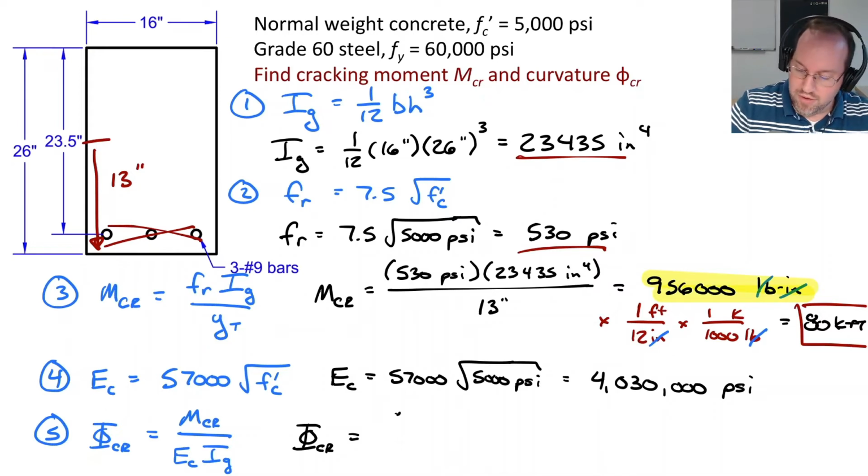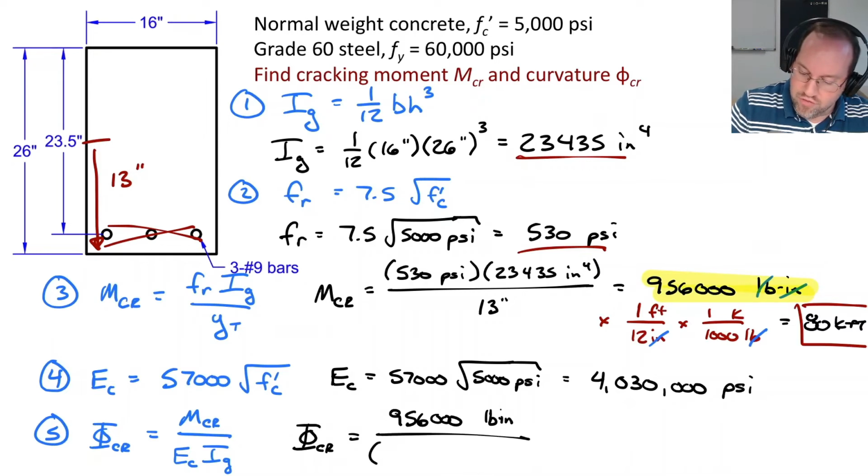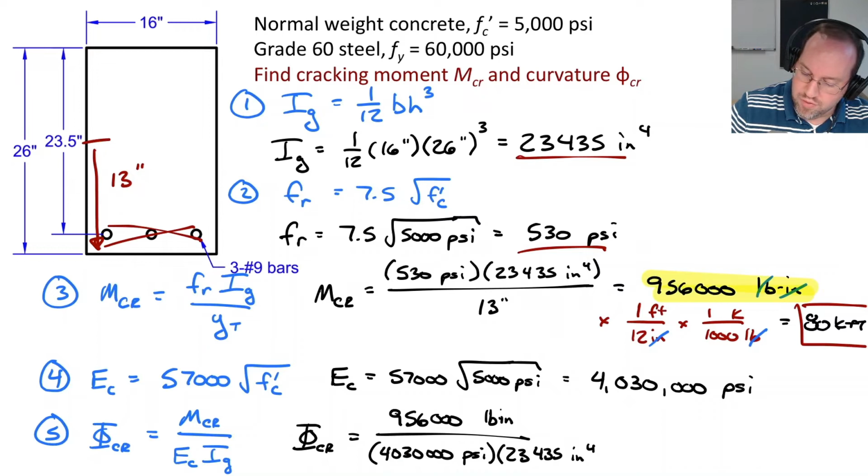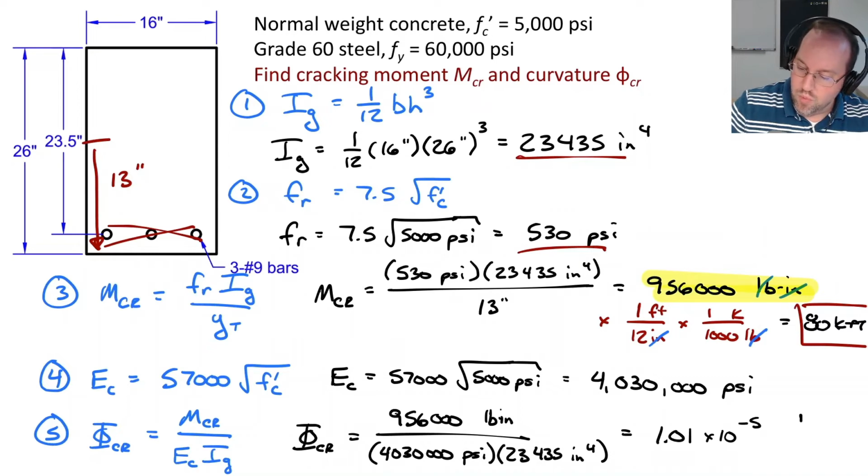So my moment, 956,000 pound inches, divided by my modulus, 4,030,000 PSI, and then my moment of inertia, 23,435 inches to the fourth. When I calculate that out, it is 1.01 times 10 to the negative fifth, 1 per inch.